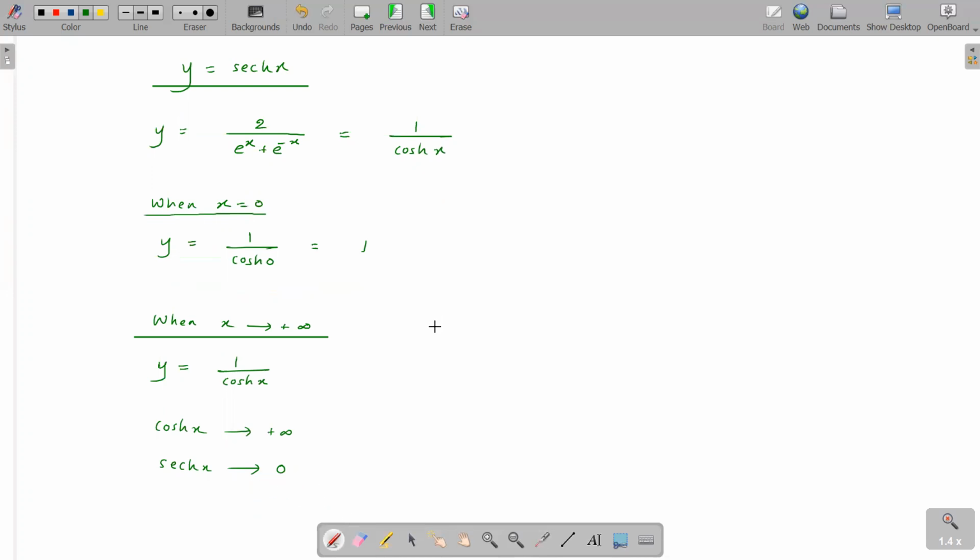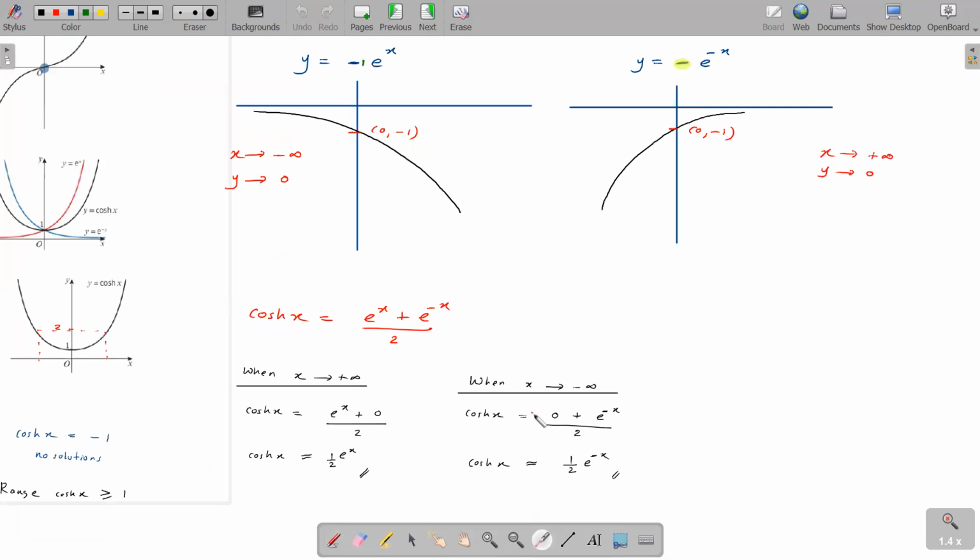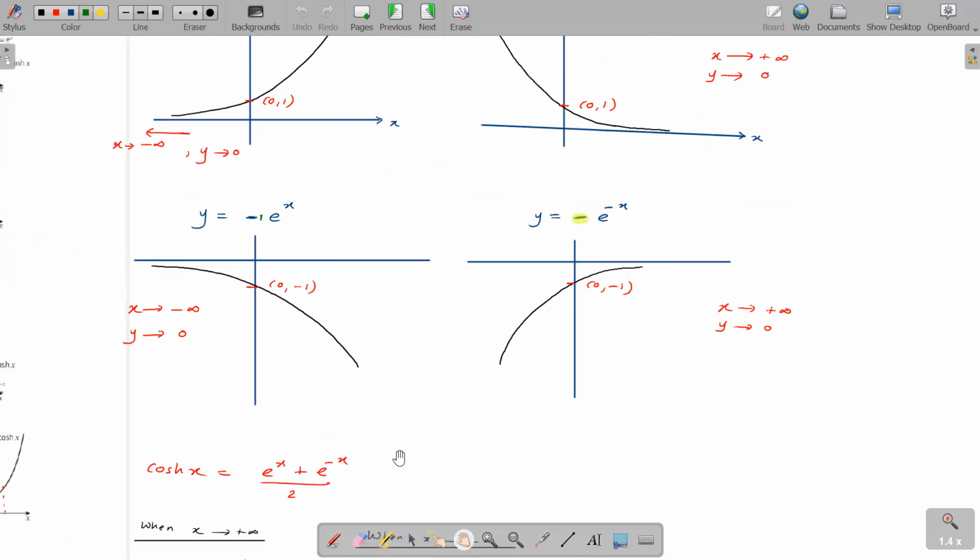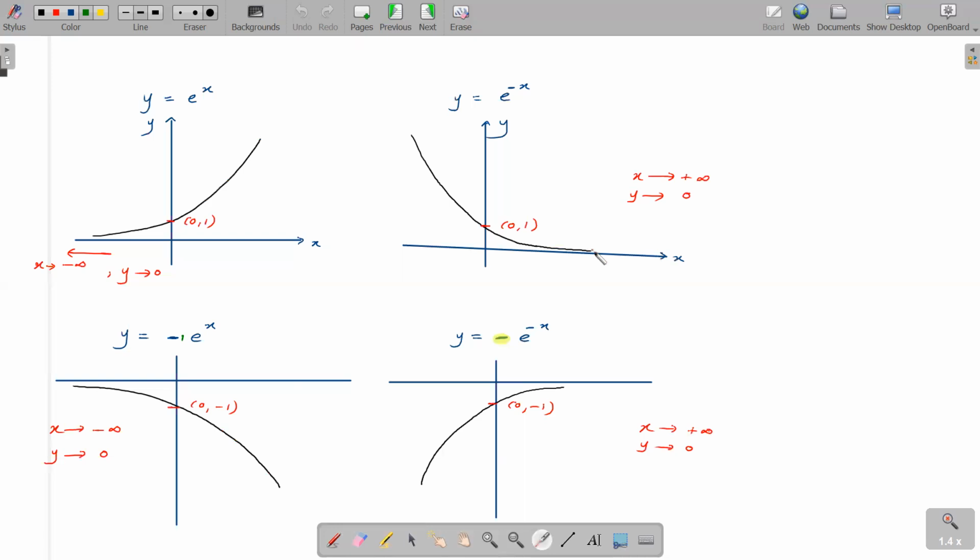And then you also need to check what happens to the graph when x approaches negative infinity. So first, what happens to cosh x as x approaches negative infinity? Going back to the notes from what we did previously, when x approaches negative infinity, the cosh x graph limits to half e to the power minus x. If you take e to the power minus x, you can see this is the e to the power minus x graph.